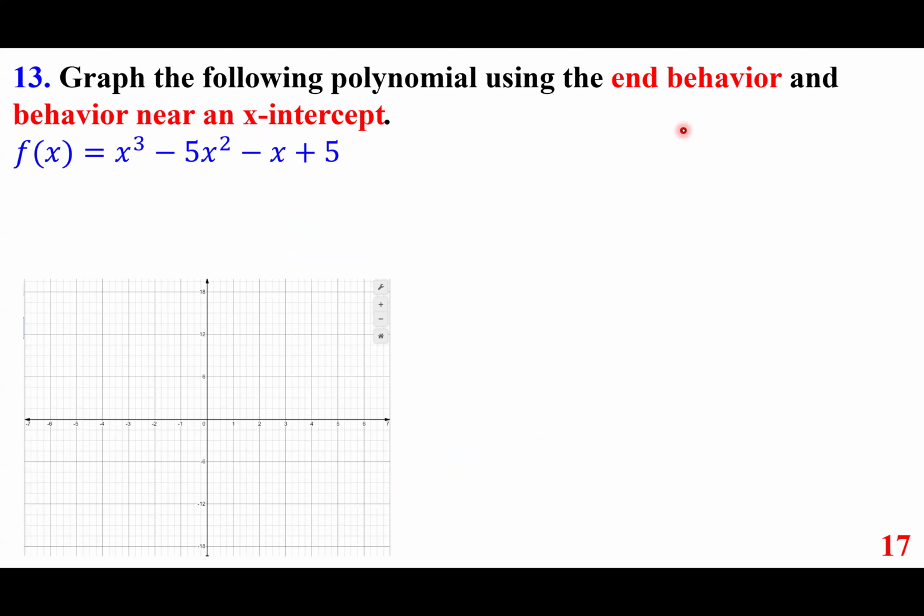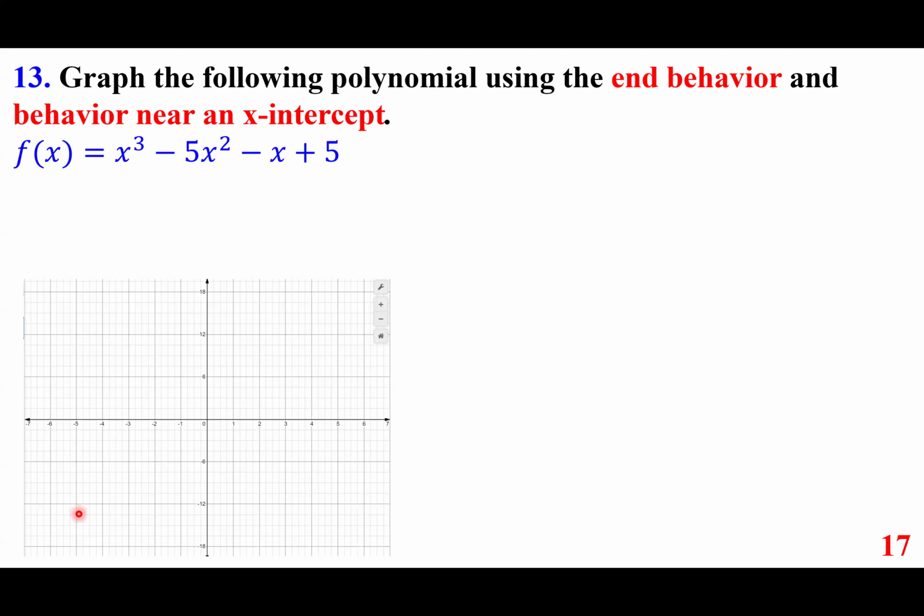Graph the following polynomial using the end behavior and behavior near an x-intercept, where f of x is given as x cubed minus 5x squared minus x plus 5. Well, let's find the zeros. And one way to do it, we can do it by factoring.